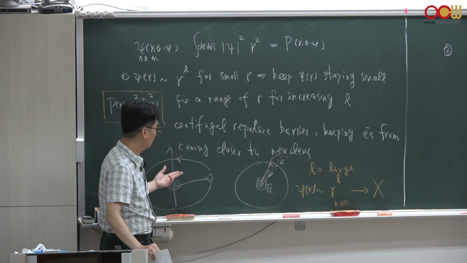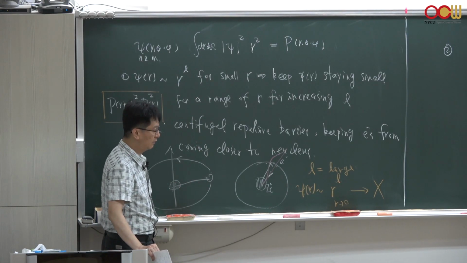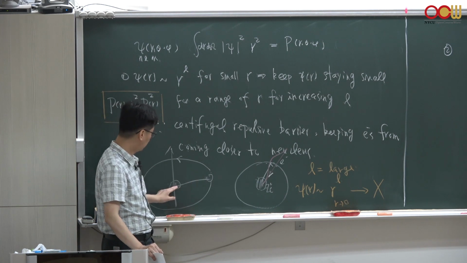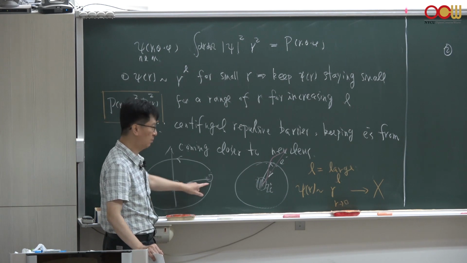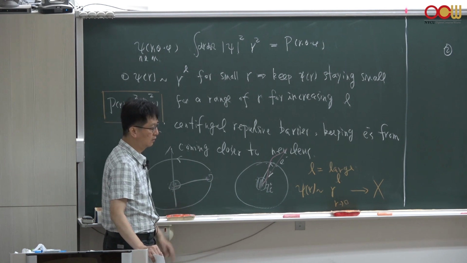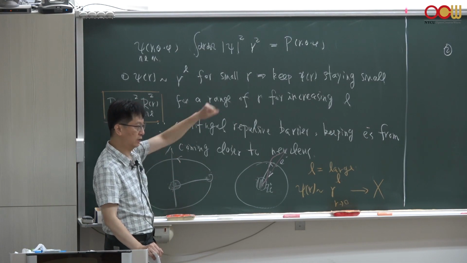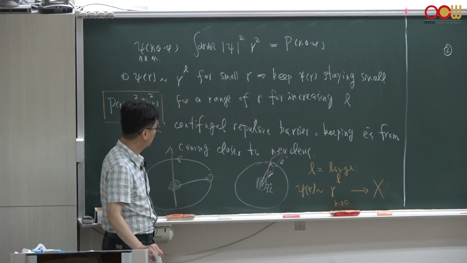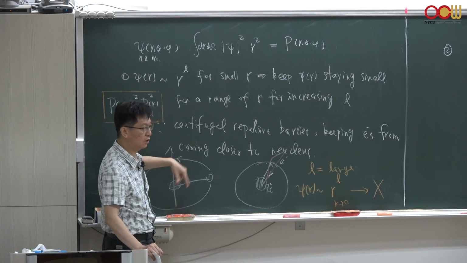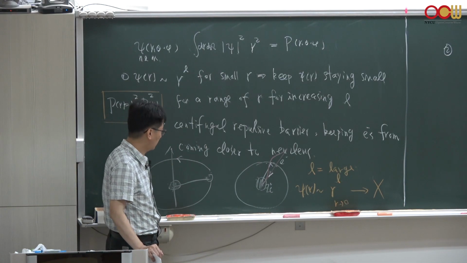So the particle is always at a distance r from this origin. Okay, so the particle would not collapse to the origin if you have a very large orbital angular momentum for classical matter. Here is the same thing. Suppose you have a very large angular momentum.